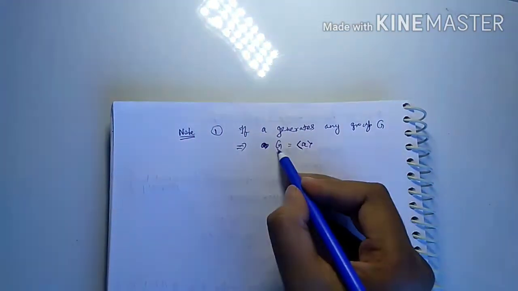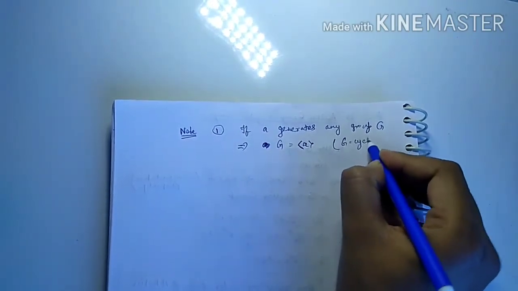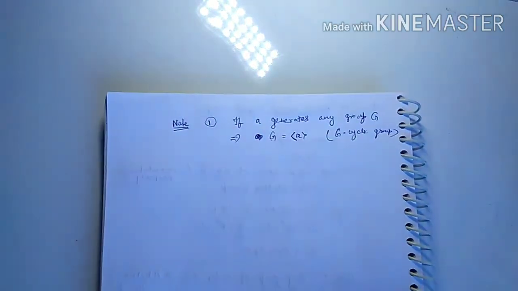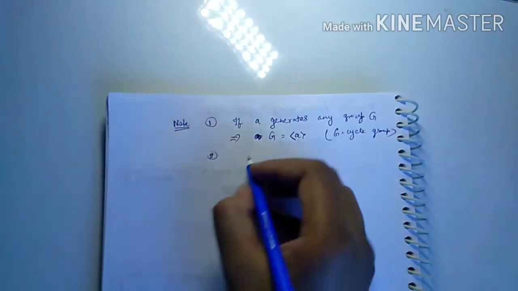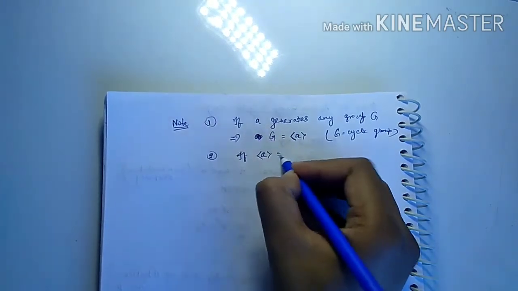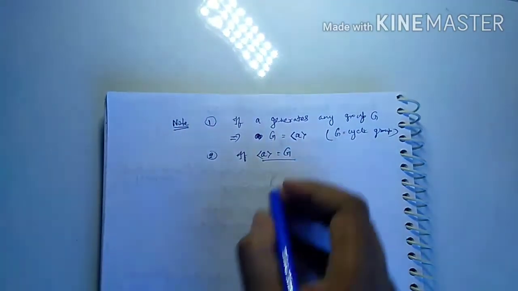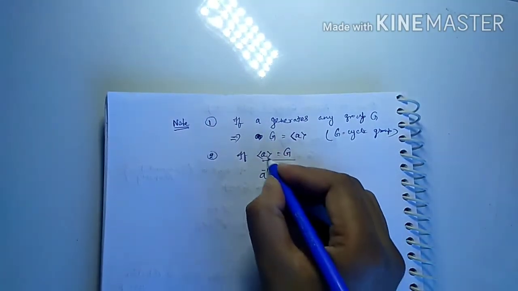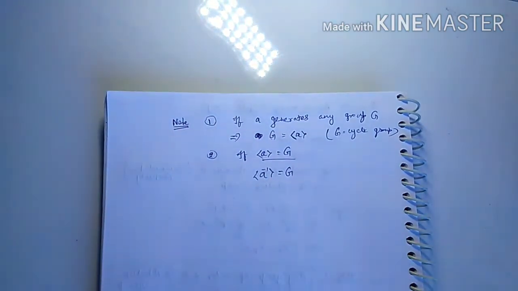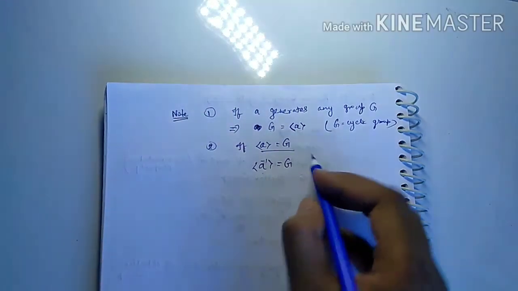That means A generates G, and G will be a cyclic group. Note number 2. If A generates G, that is, we can denote it by this symbol, then the inverse of A also generates the group G. So there will be at least 2 generators for any cyclic group.